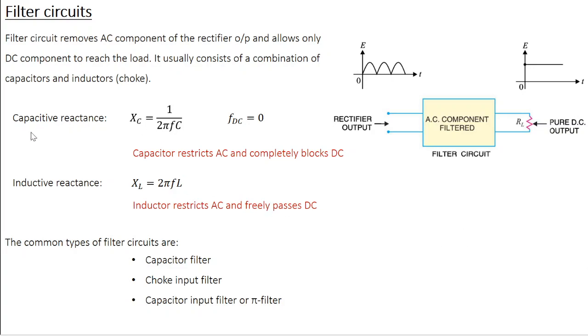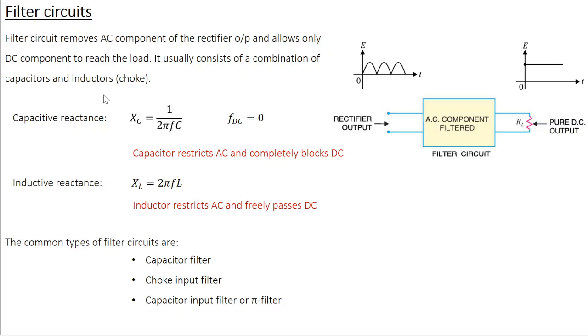So if you compare a capacitor and an inductor, a capacitor completely blocks DC, an inductor completely allows DC. When it comes to AC, in the case of a capacitor, when frequency increases, the resistance decreases, whereas for an inductor, when frequency increases, the resistance also increases.